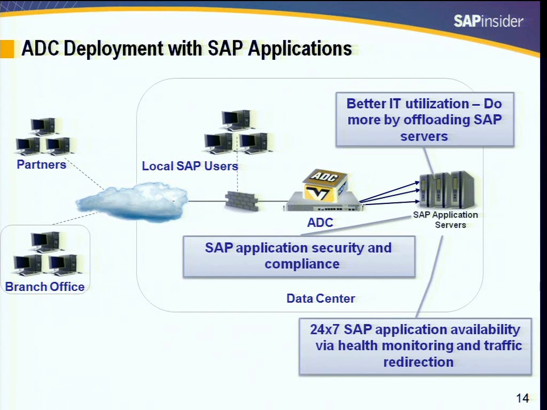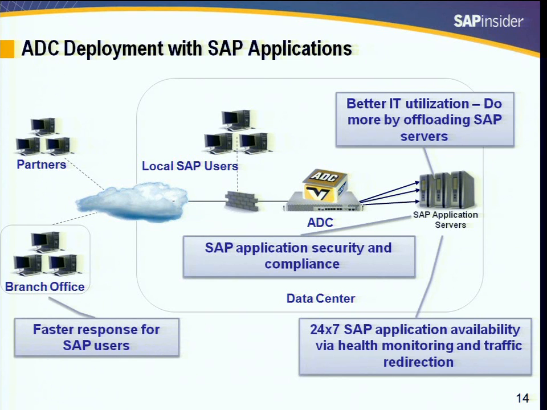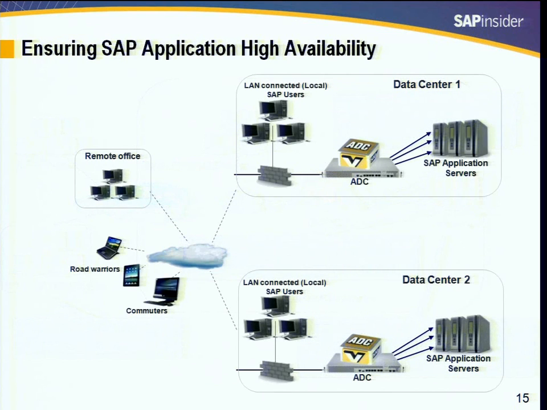Those are offloaded from the back-end data center servers so that you can use more of that capacity for your business usage. That's how the ADCs offer value. And of course, latency reduction is one of the key areas. So let's look in more detail at how you do high availability using these services.